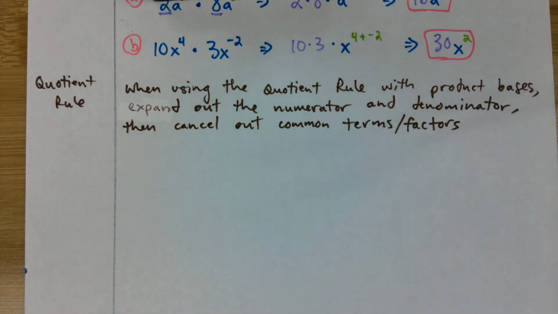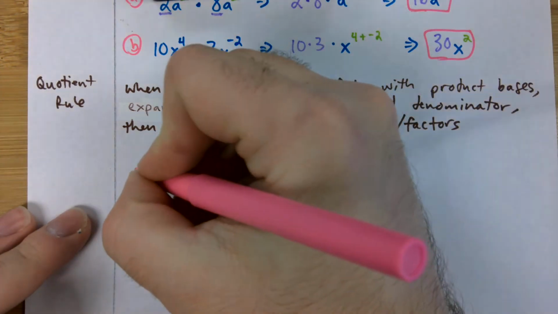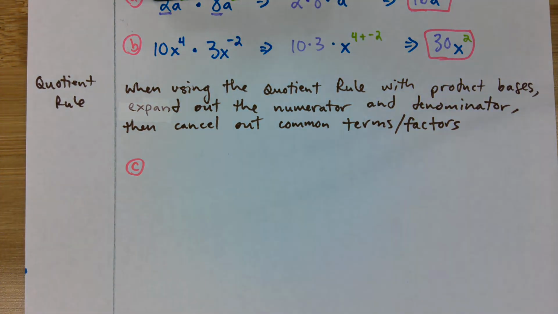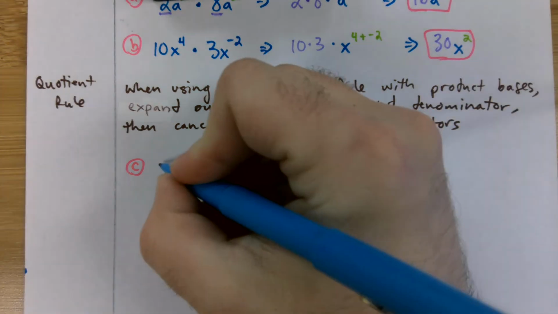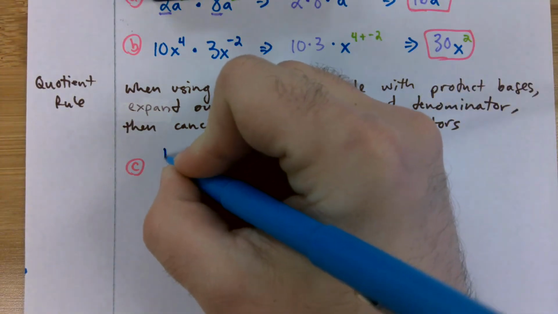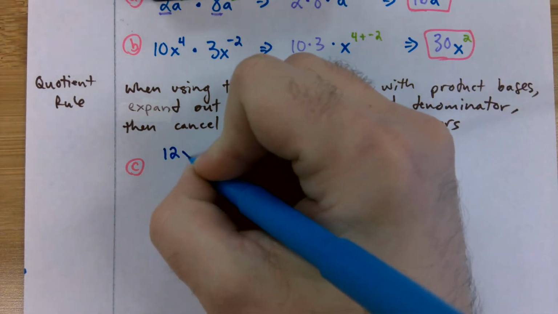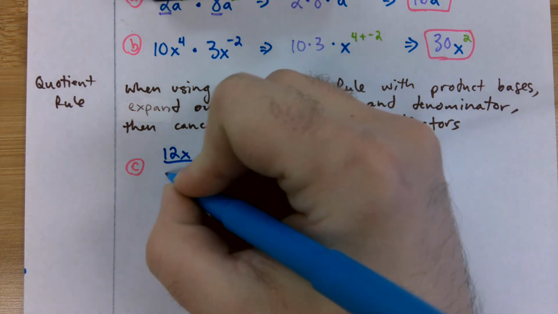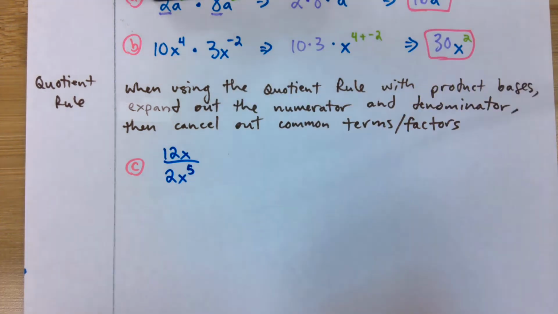So let's take a look at what an example of this is going to look like. Example C. Let's do 12x over 2x to the fifth.